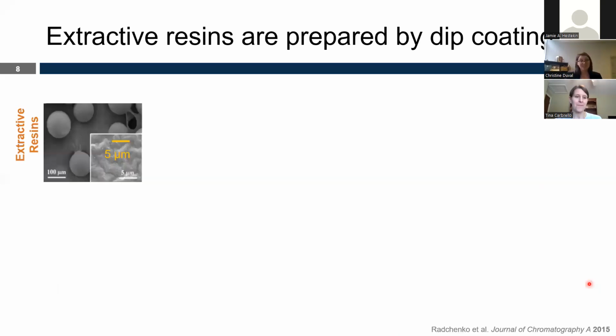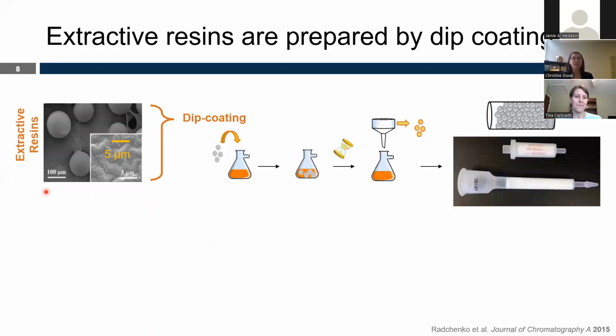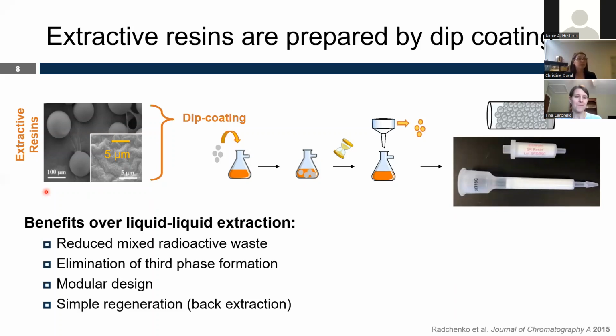To prepare these resins, the utility of these is really that they're relatively simple to make. If you take your extractive resins, you'd prepare them using a dip coating method. You would just take a solution, some solvent with your ligand dissolved in it, dip your resins in there, let them soak for a little while, filter them out on a Buchner funnel, and then you're able to pack your resins into your column. This technology really has dominated the radiochemistry field for a long time.